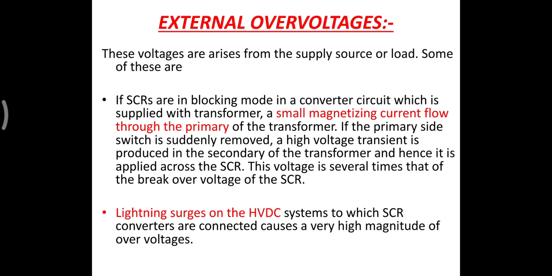This is the first reason. The second one is lightning surges on the HV side. During the operation of the SCR, switching is done and lightning surges are raised when the converters are connected, which causes very high magnitude over voltages. This also damages the SCR.